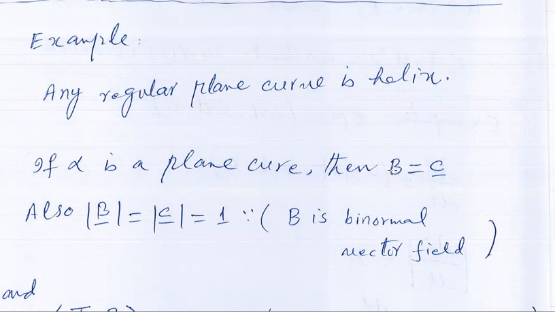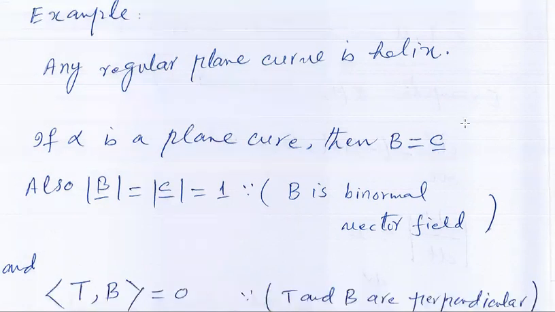B is here the binormal vector field, and we know that the binormal vector field is also a unit vector, and the tangent vector field, binormal vector field, and normal vector field, T, N and B, all are perpendicular and all are unit vectors.